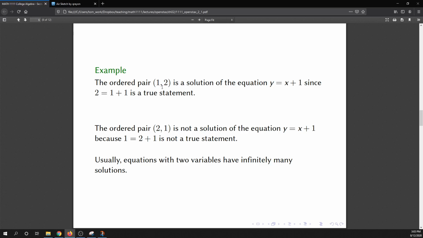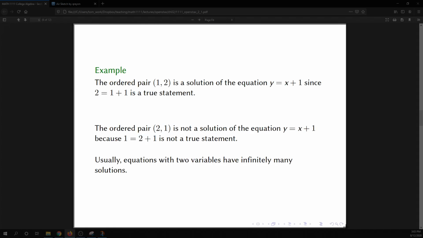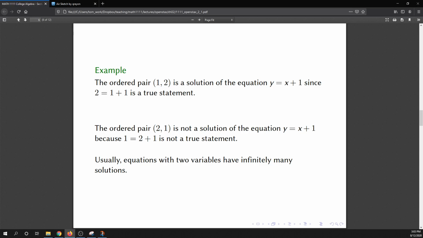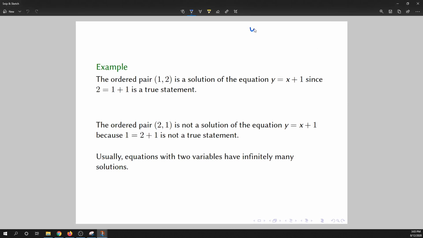If I want to test whether an ordered pair is a solution of the equation, it's pretty straightforward, just like we talked about in the previous lesson for equations with one variable. You take the first number and plug it in for x everywhere it appears, and the second number and plug it in for y.